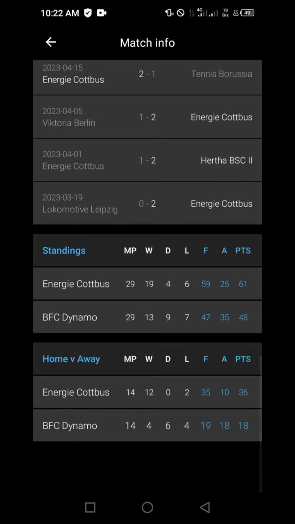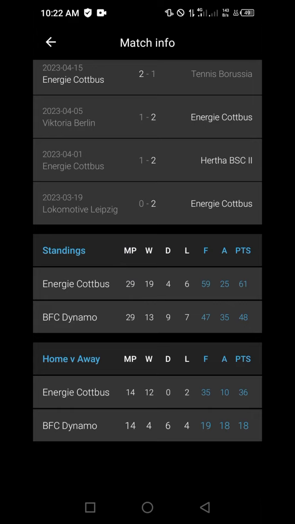You can see MP, W, D, L, F and A, where MP means the number of matches played, W means wins, D means draw, L means lose, F means goals for, and A means goals against. We are going to concentrate on the matches played, the wins, the losses, the goals for and the goals against.